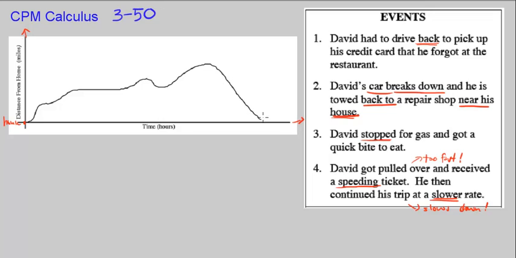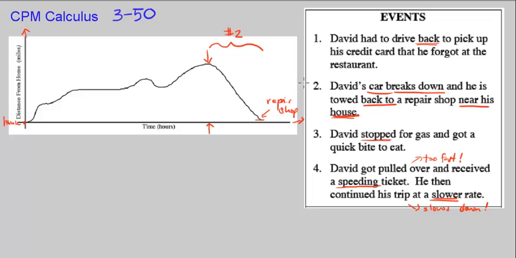The distance here could be the repair shop. So I'm going to say his car breaks down here, at this time, and then he gets towed back home, so the distance from home gets less and less. So this event is event number 2.